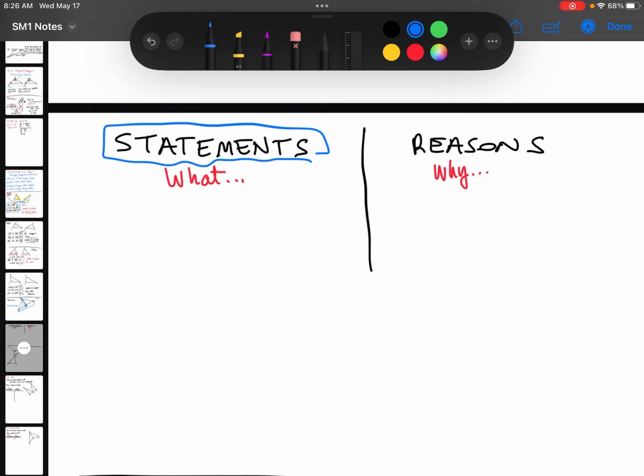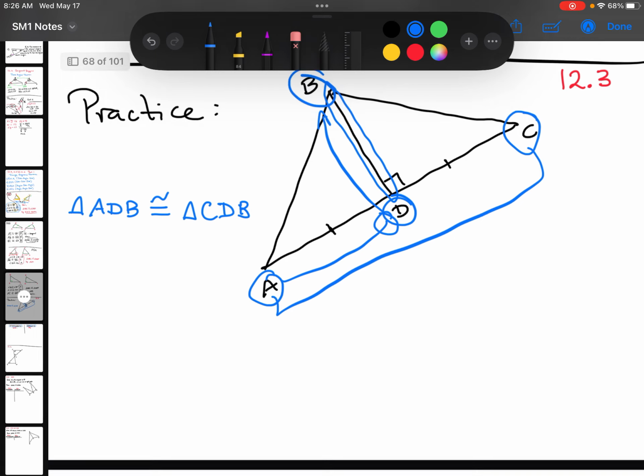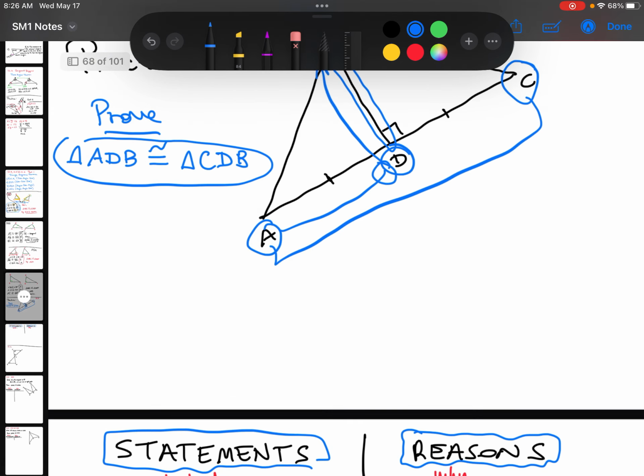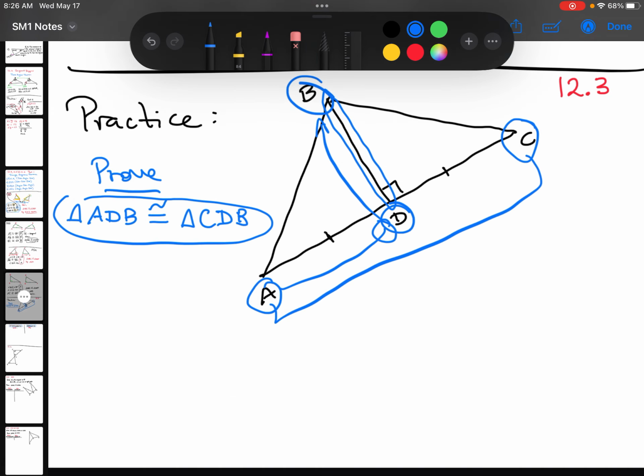A statement is something that needs to have supporting information, and that's what we're going to do in order to build upon each of the arguments here to eventually prove this. We need to prove that these two triangles are congruent. That's what I need to eventually get. That's my goal.